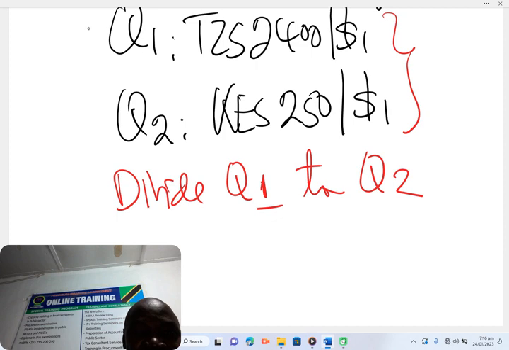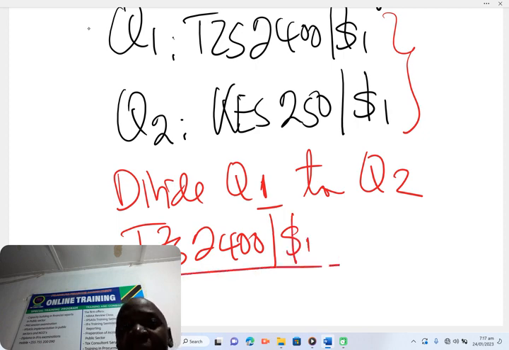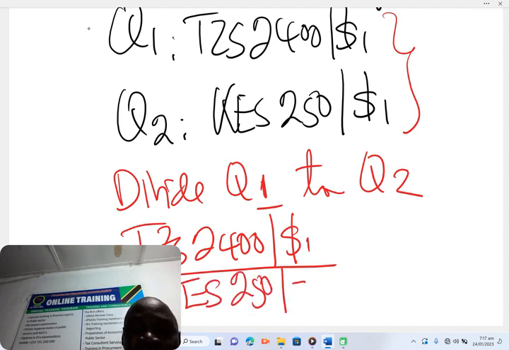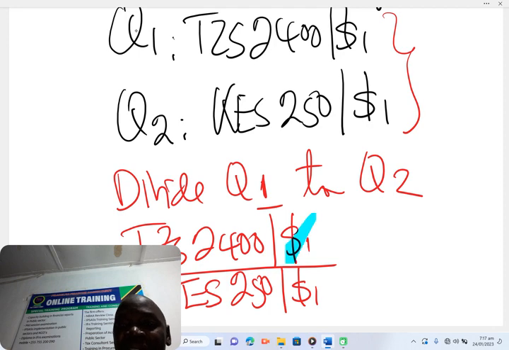So take this one, Tanzanian shillings 240,000 stroke dollar 1, divide by Kenyan shillings stroke what? Dollar. So once you see dollar, dollar will cancel.